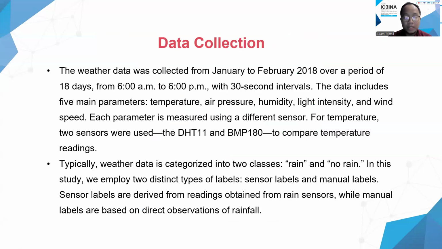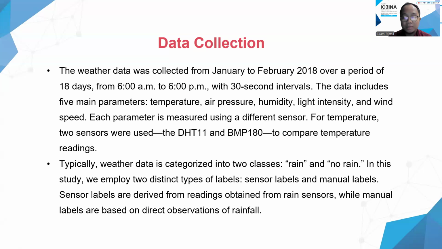Okay, for the data collection, the weather data was collected from January to February 2018 over a period of 18 days from 6 a.m. to 6 p.m. with 30-second intervals. The data includes 5 main parameters like temperature, air pressure, humidity, light intensity, and wind speed.